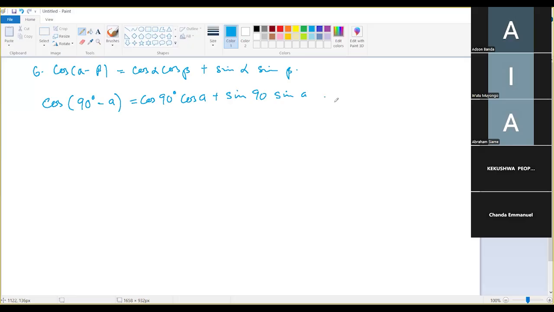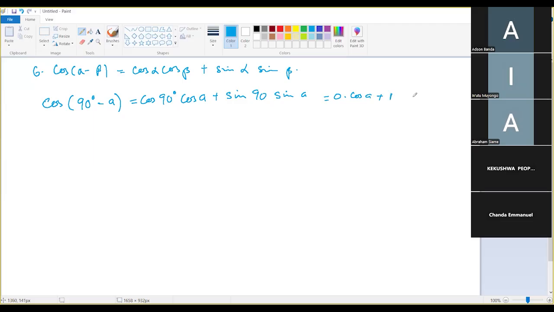But then we know that for 90 degrees, we already have the ratios. What is the cosine of 90 degrees? 0. All right, so you get 0 times the cosine of A plus, what is the sine of 90 degrees?